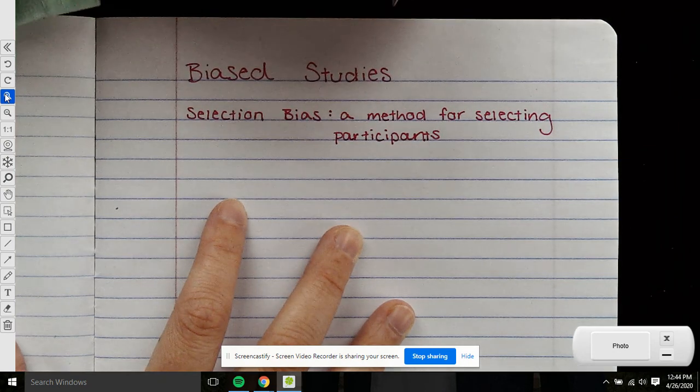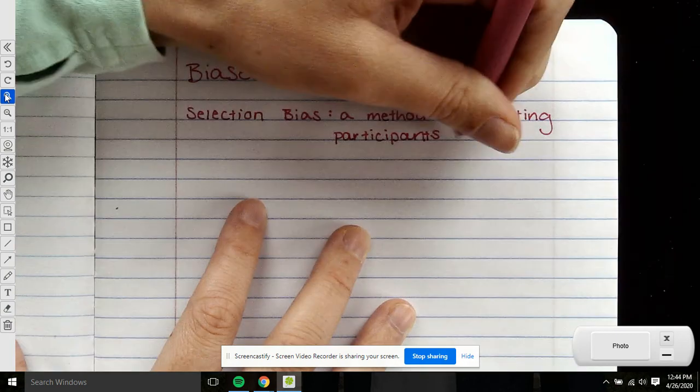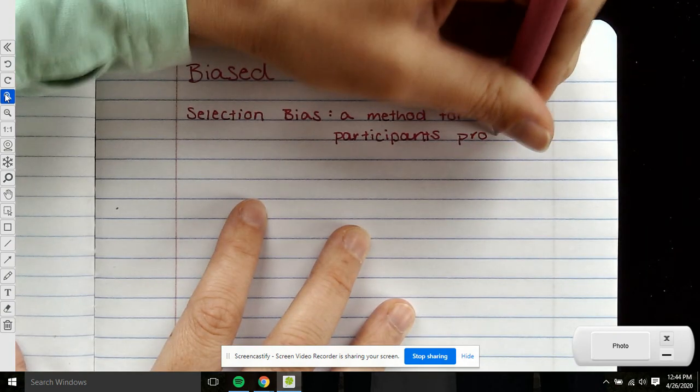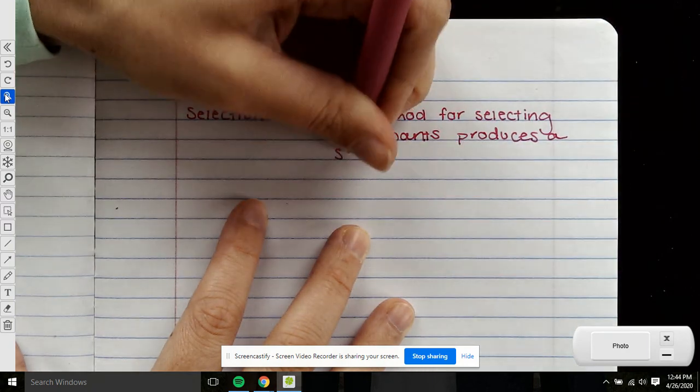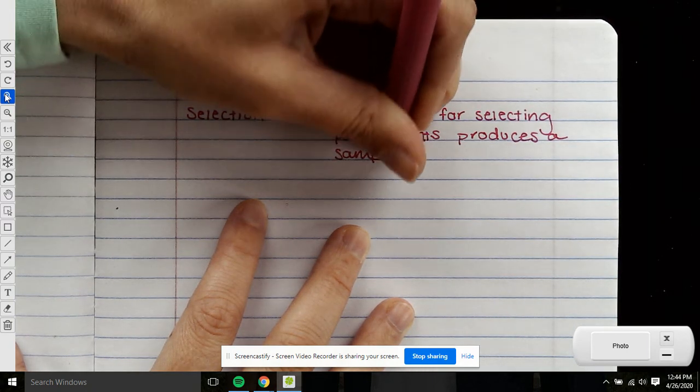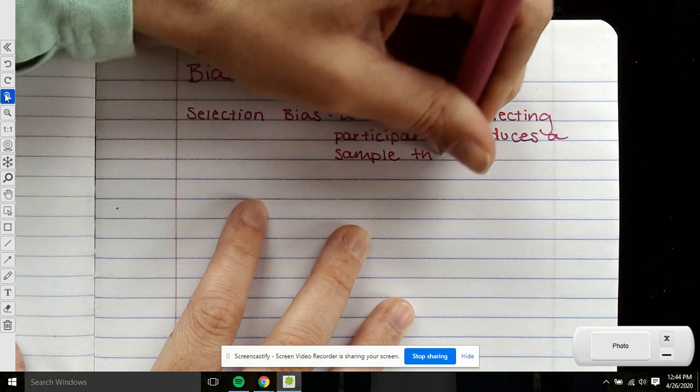So a method for selecting participants produces a sample that does not represent the population.